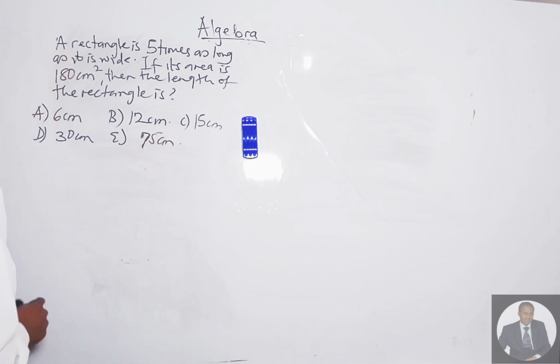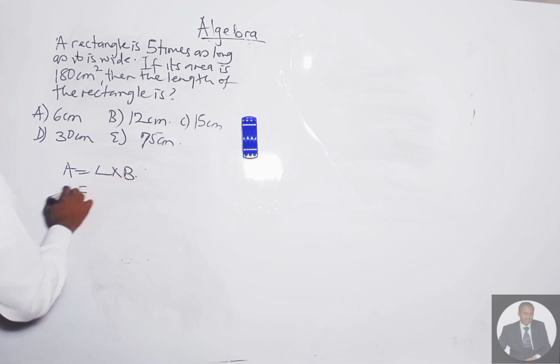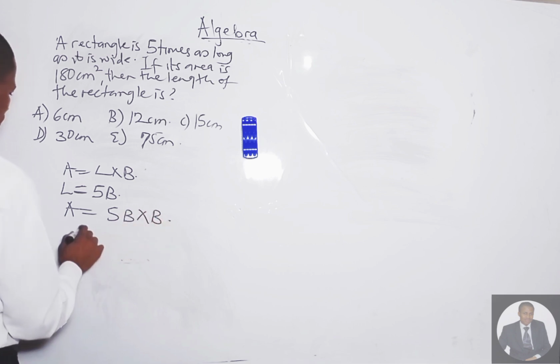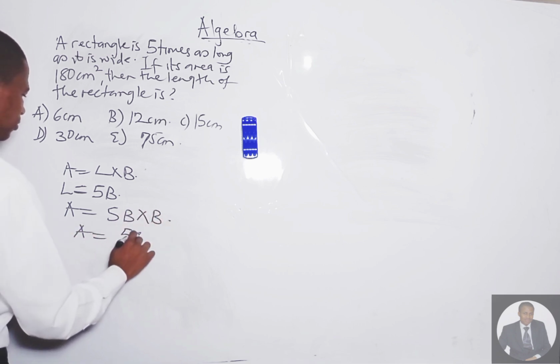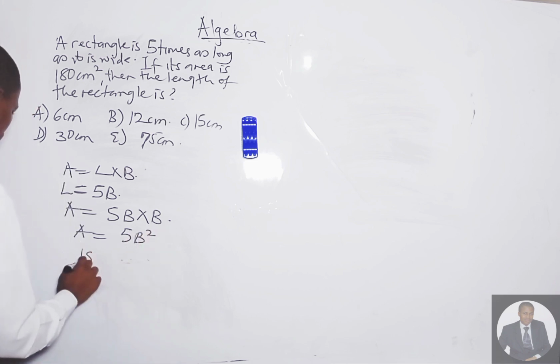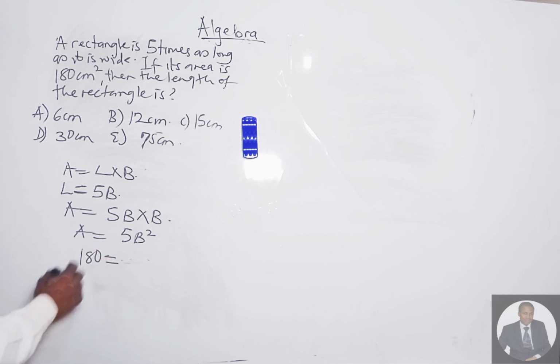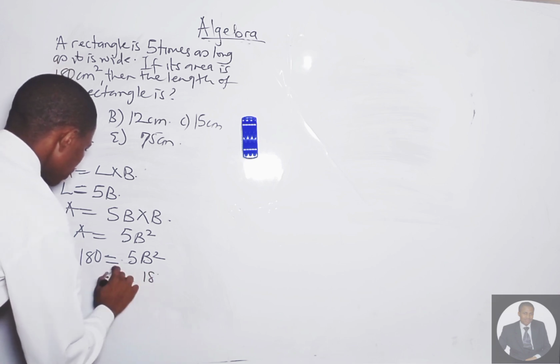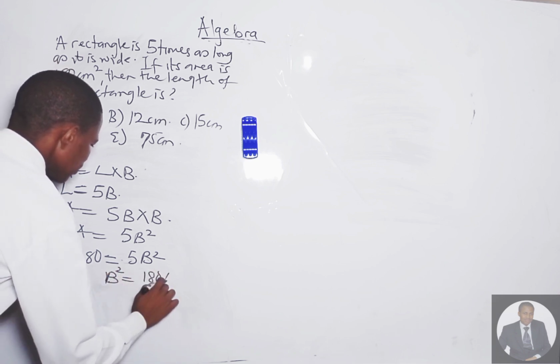How do we approach this question? A rectangle is 5 times as long as its width. So area is length times breadth, and we are told that the length is 5 times the breadth. So area here will be 5b, 5 times the breadth, times b. So area will be 5b squared. If the area is 180 centimeters squared, then b squared will be 180 divided by 5.